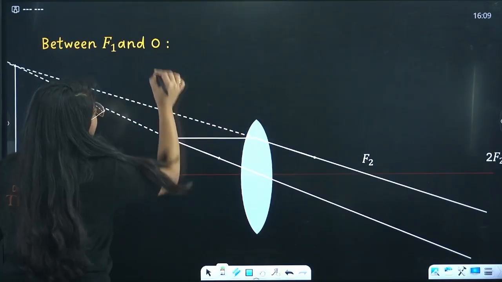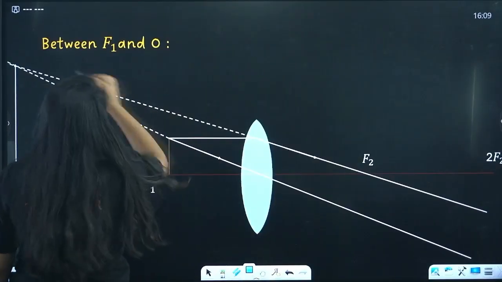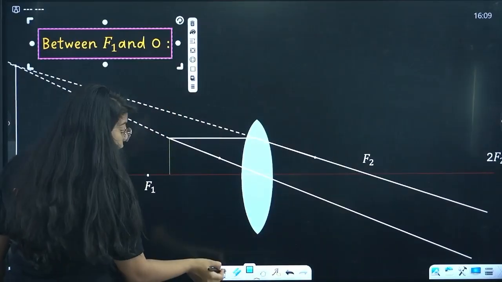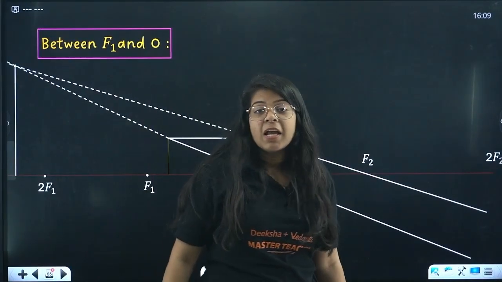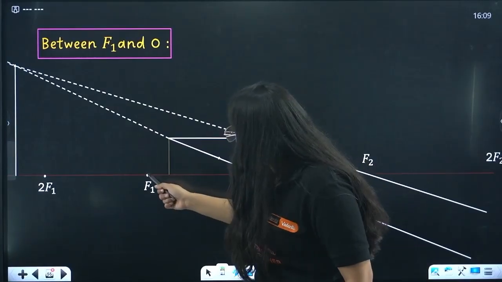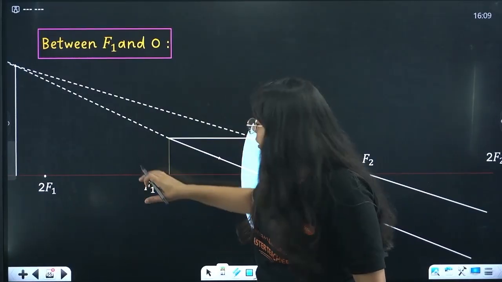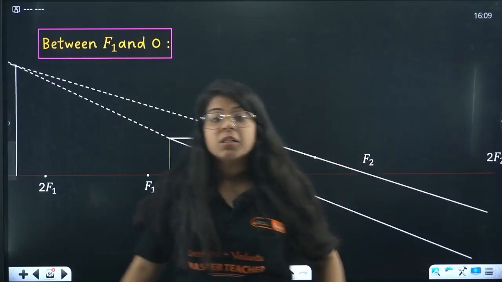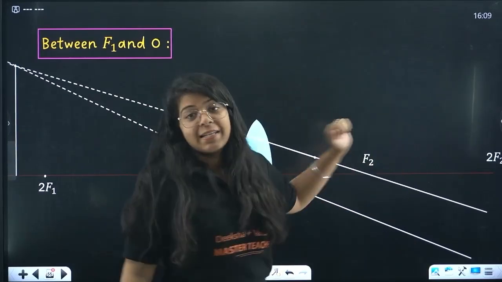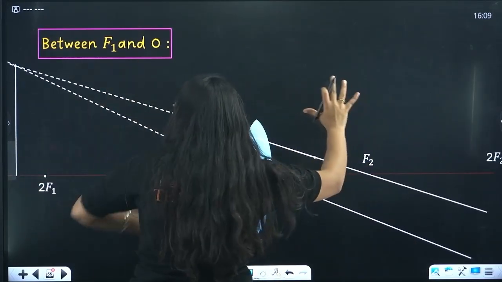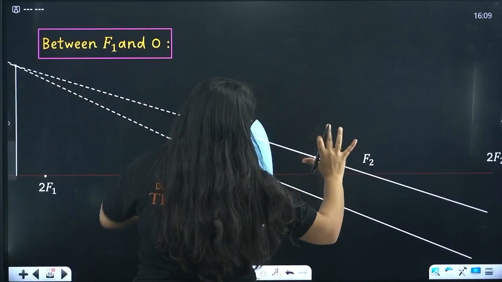So the object is between F1 and O. Now if you remember concave mirror, you must remember the sixth case, the stupid case, the image was between focus and pole. The image was being formed on the right hand side, on this side, instead of all the 5 images which were formed on the left hand side.